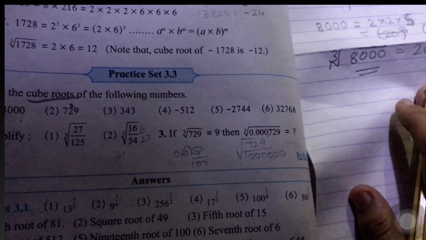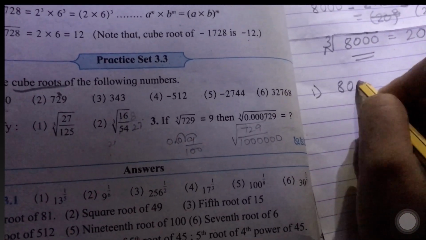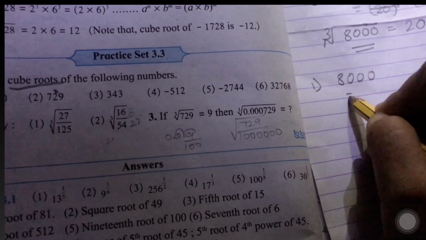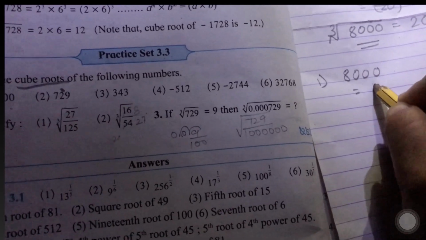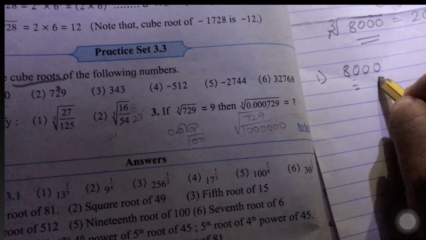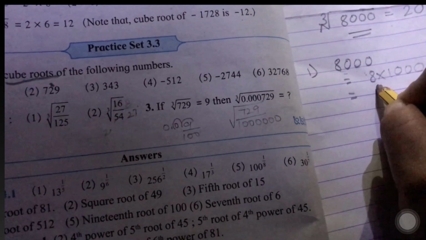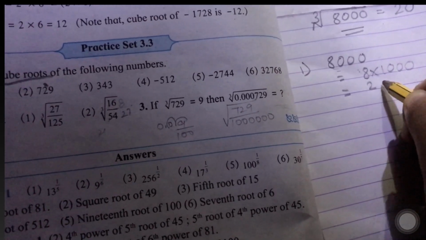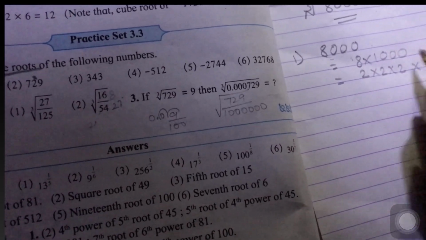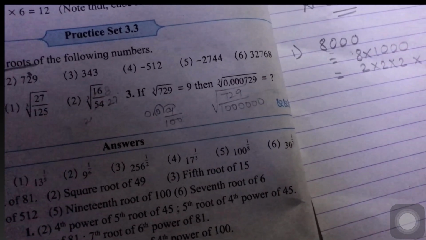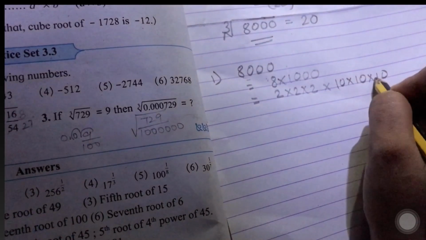I'll show one more method, that is the second method. Again see how to do this second method, where we are going to use the expanded form. How to expand this? 8000, 8 into 1000 is 8000. Again this 8 we are going to expand: 2 2s are 4, 4 2s are 8, and this 1000 again expand, 10 into 10 into 10.